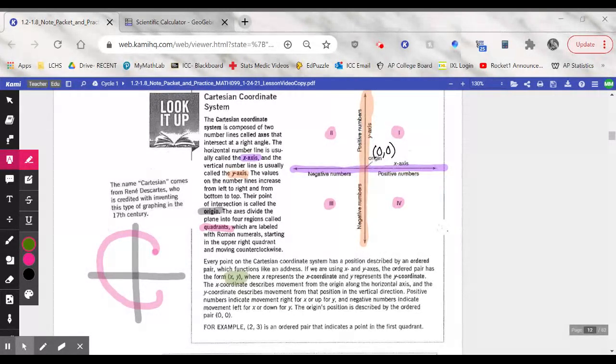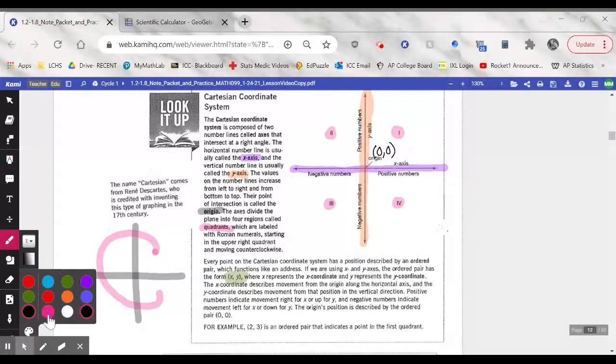So one other thing that I want us to add here is how we can summarize what the signs will be, whether they'll be positive or negative for each of the points in each of the quadrants.